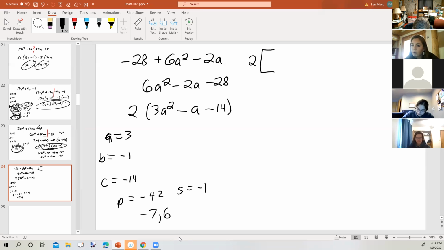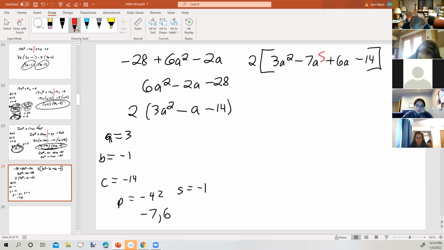I'm going to change my parentheses into brackets because when I use factoring by grouping, it's going to produce parentheses. So I don't want to have two different groups of parentheses going on. Okay, so I split the middle term and changed parentheses to brackets.